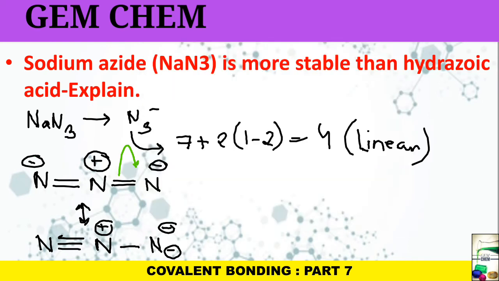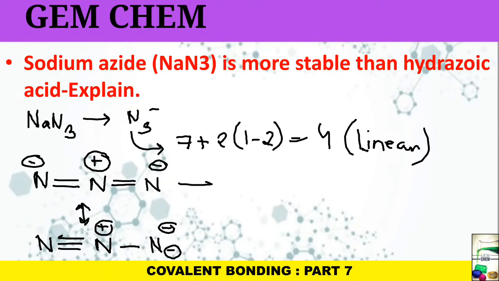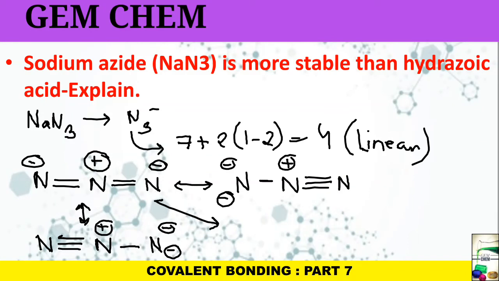If we contribute to the next structure, which can be like this, that is, here nitrogen will have similarly 2 minus, then here nitrogen positive, here is a triple bond nitrogen. Another structure which can be drawn from here is like this: nitrogen, here double bond and nitrogen, right?